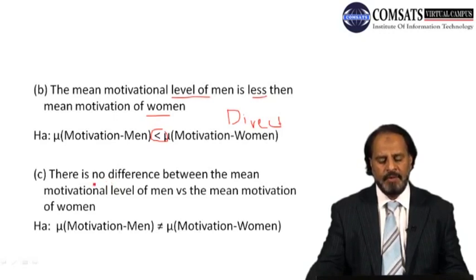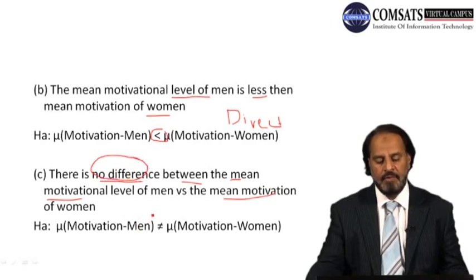And this is the way you write it. There is no difference between the mean motivation level of men and the mean motivation level of women. So we're saying there's no difference between the two. They are equal.